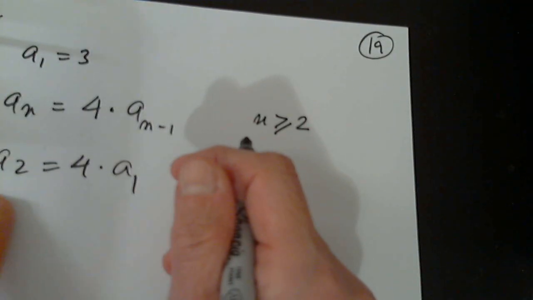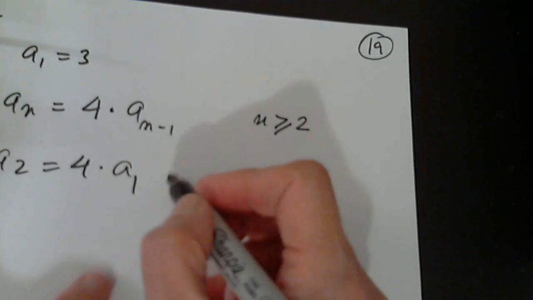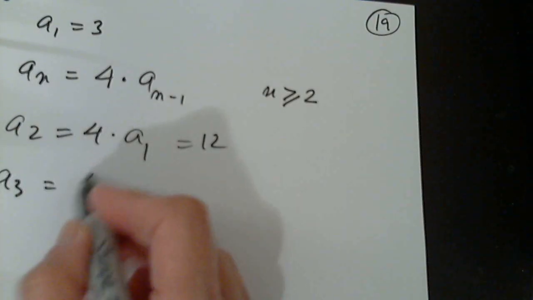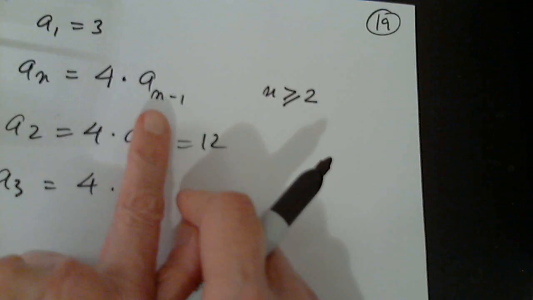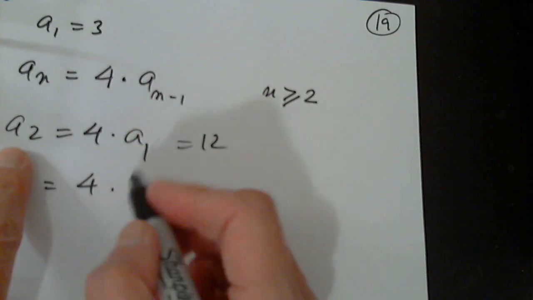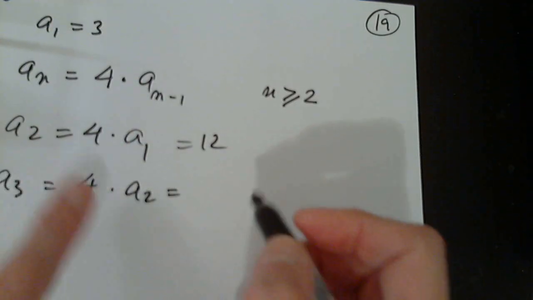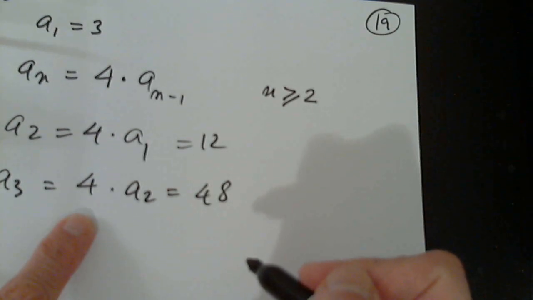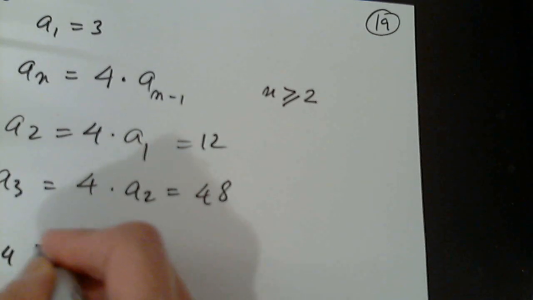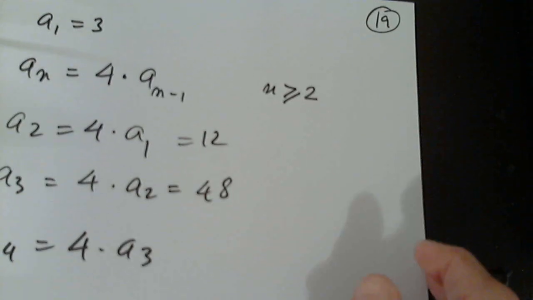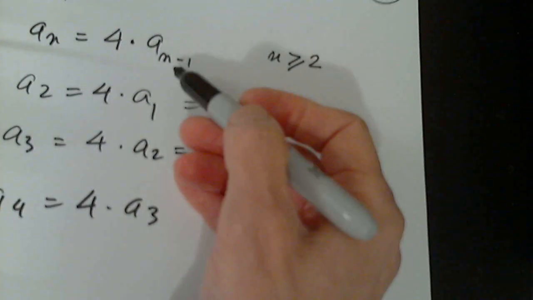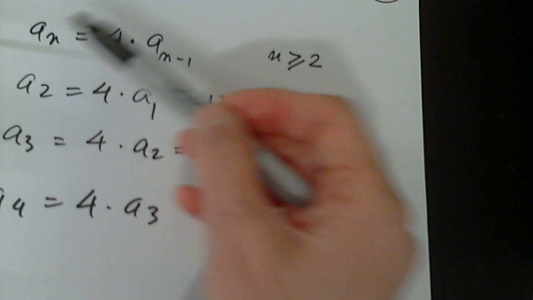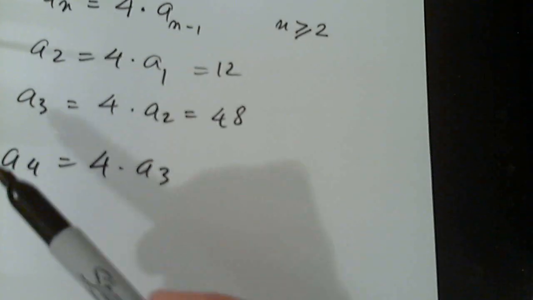So the second term is 4 times the previous term. The third term is 4, 3 minus 1, times the previous term, which is 4 times 12, which is 48. And A sub 4 is 4 times A sub 3, because that's what the formula is telling us. Any term is 4 times the previous one.